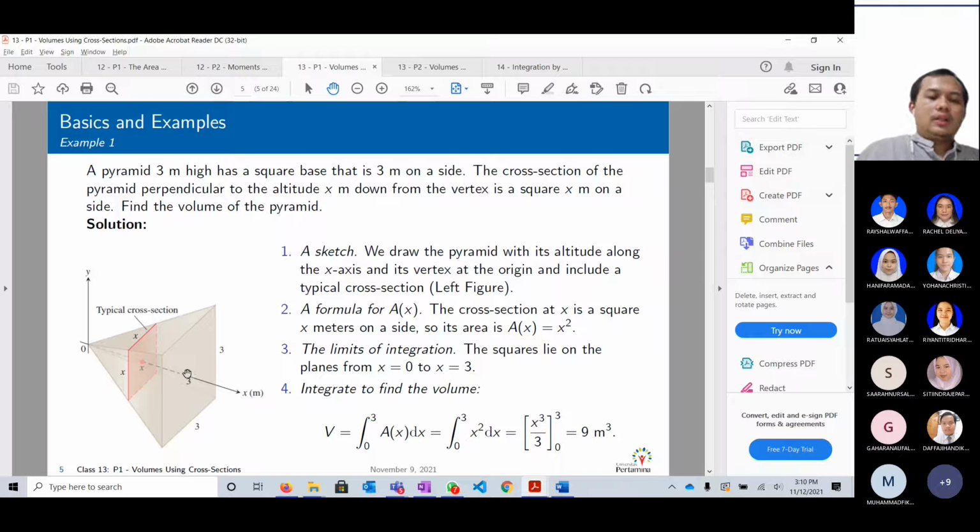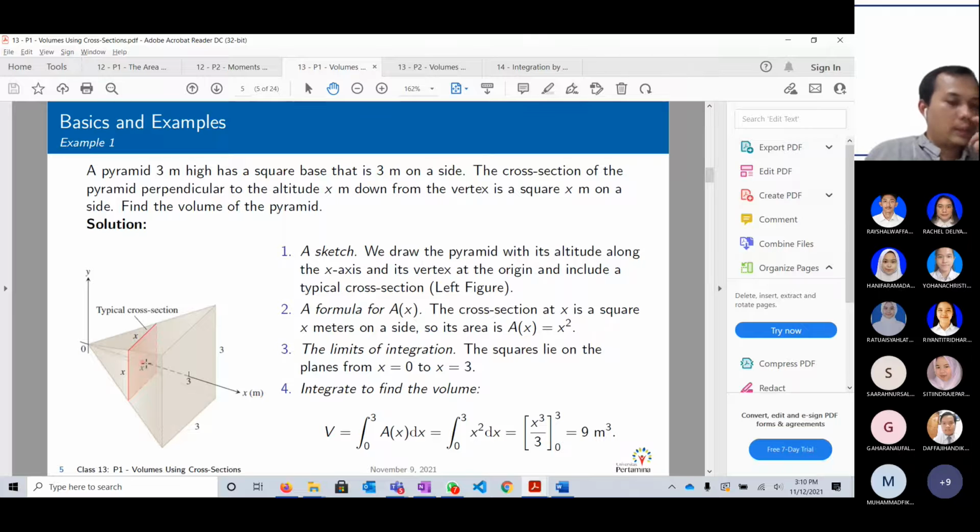Then, okay, if we cut the cross section parallel to the base of the pyramid, we get a square whose sides are x. At point x, if we cut it at point x, we have a cross section that's shaped like a square with sides x.